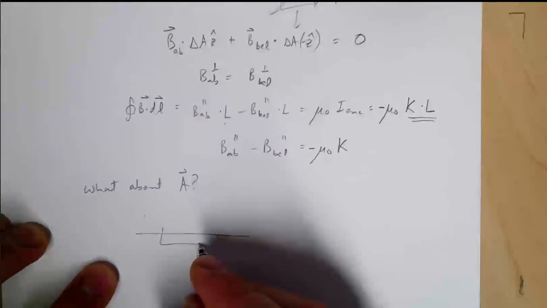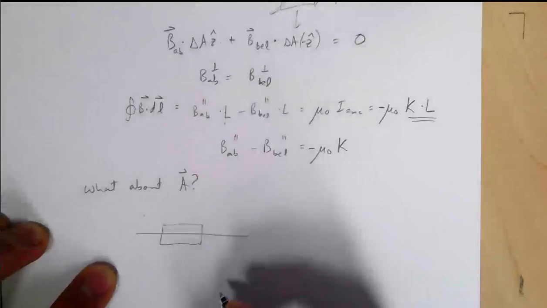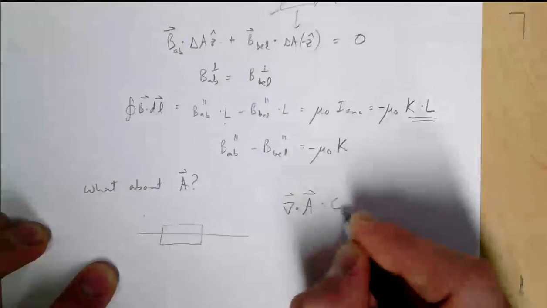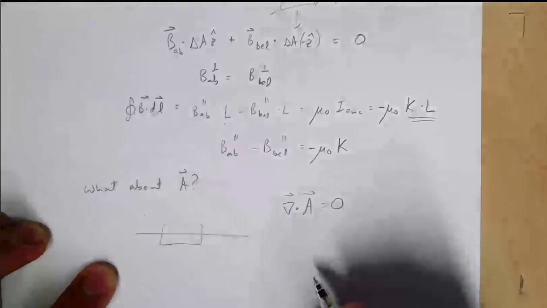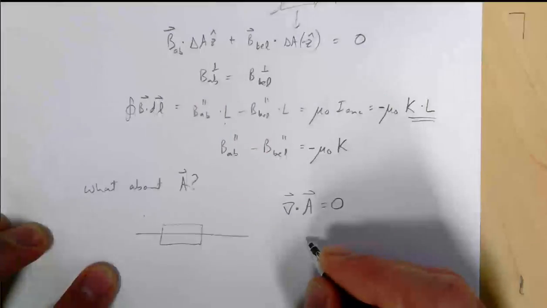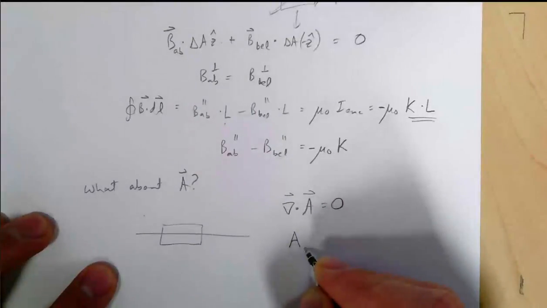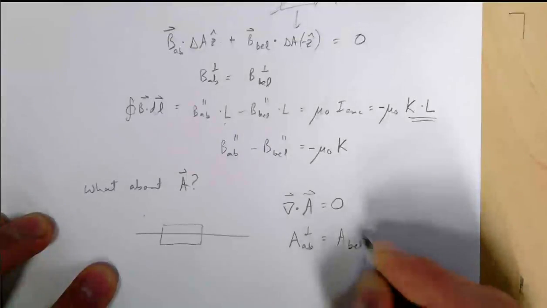I could make a Gaussian pillbox like before, but I actually know something: the divergence of A is equal to 0. Well, actually, if we looked above, the divergence of B was also equal to 0, and that told us that the perpendicular components were continuous. So I want you to be able to go through that same argument to know that A above perpendicular is equal to A below perpendicular.